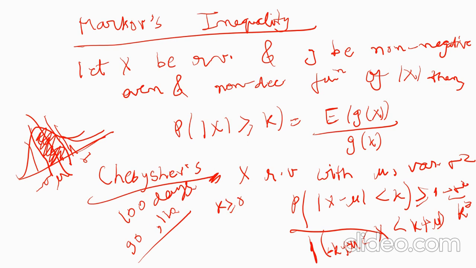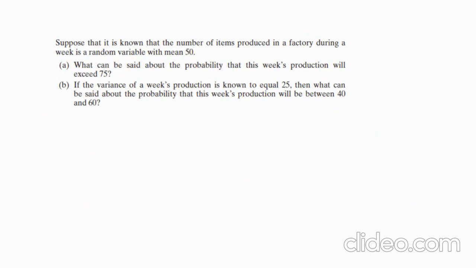Okay, so let's move to the question. The mean is given as 50, and the question is what can we say about the probability that this week's production will exceed 75? There is a factory which generally produces 50 items, because the mean is the average.